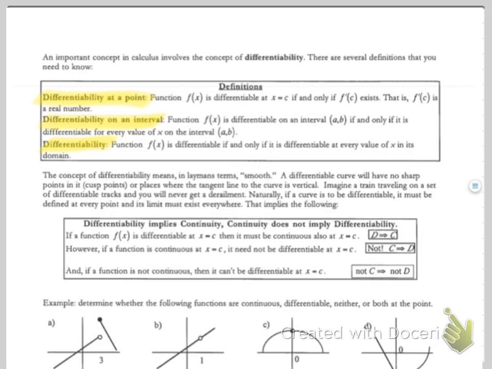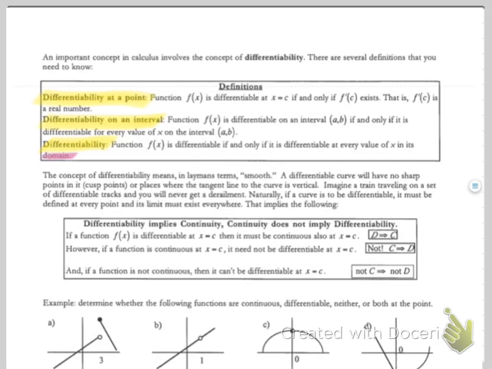The word differentiability in general is for functions. The function f of x is differentiable if and only if it is differentiable at every value of x in its domain. So it doesn't have to be differentiable everywhere in the world, but it does have to be differentiable in its domain.